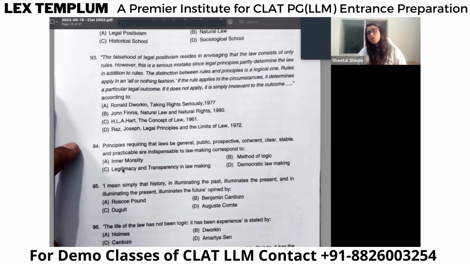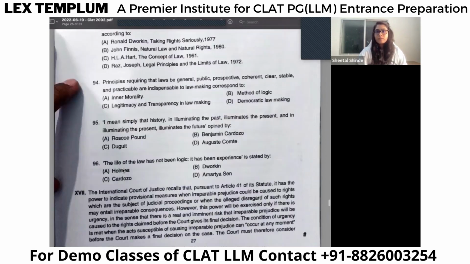Now 93, the falsehood of legal positivism resides again. I'm not going to read this whole paragraph, but if you identify the keywords in this, what are the keywords? Rules. I told you, I have literally covered everything about Hart in the class about rules. So answer is HLA Hart. Okay. Now 94.